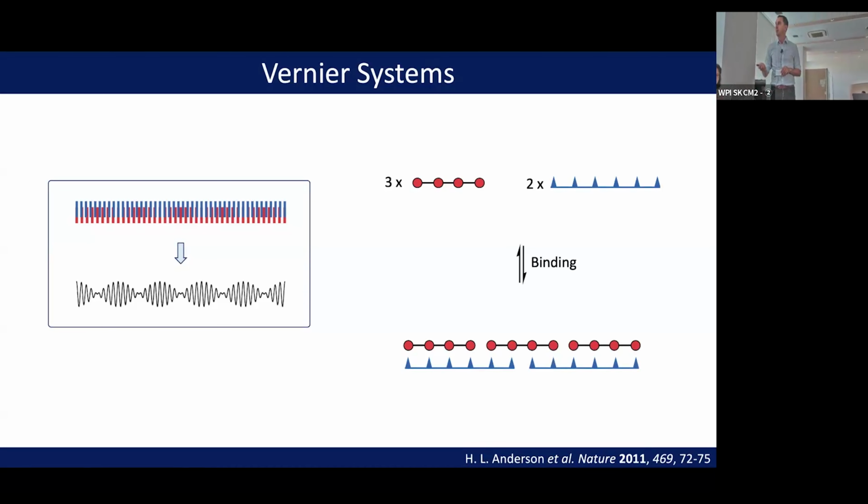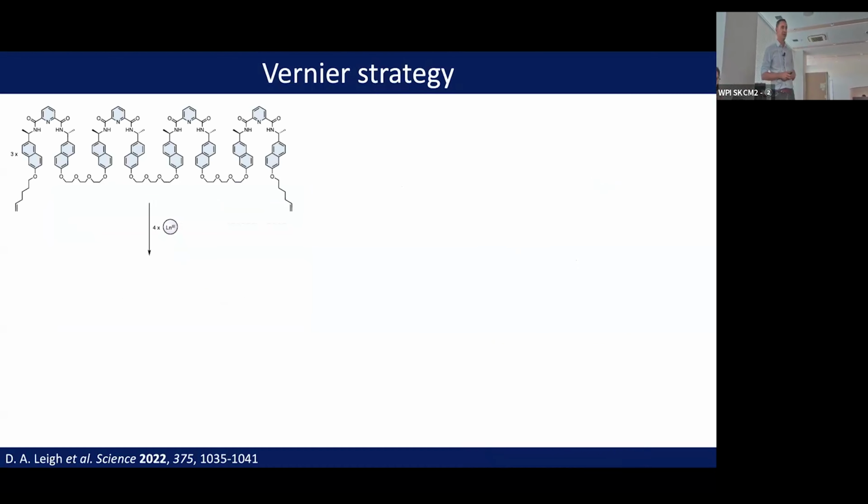How do you apply this to the synthesis of knots? Well, here's a thread that was synthesized by the David Lee group, where you have basically 4 sites that can complex lanthanides, but each lanthanide only complexes 3 of these units. And so there is 1 unit here which remains unbound. And so here again, you see the mismatch in periodicity between lanthanides that want these 3 binding sites and the thread which has 4 binding sites.